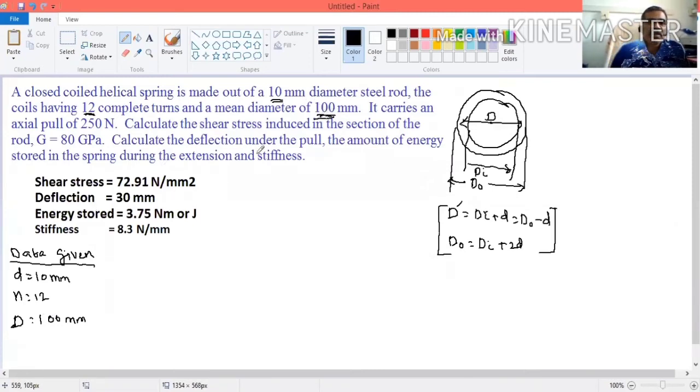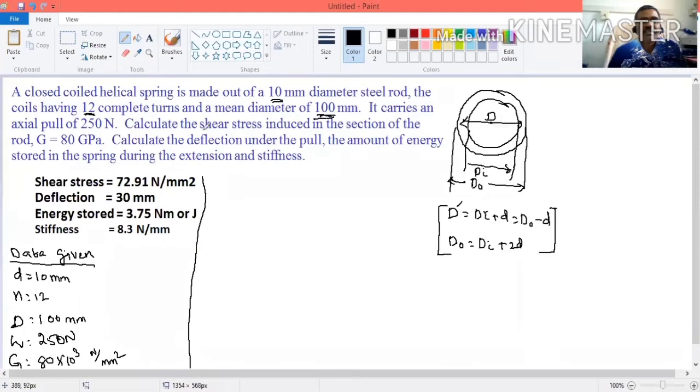So you can take capital D is equal to 100 millimeter, and load, the axial pull, W is equal to 250 Newton, and modulus of rigidity is equal to 80 gigapascal, that is 80 into 10 power 3 Newton per millimeter square. Now we can find the solution.